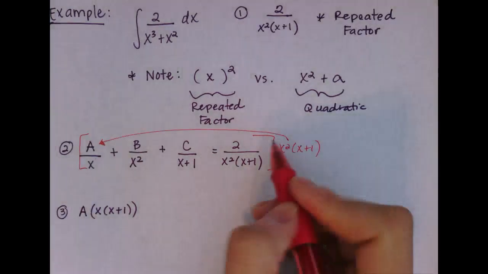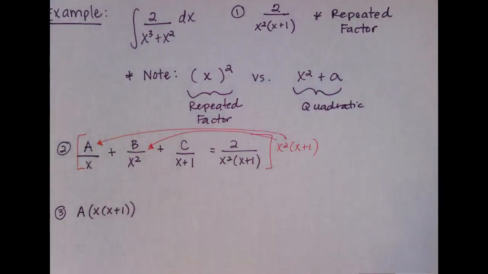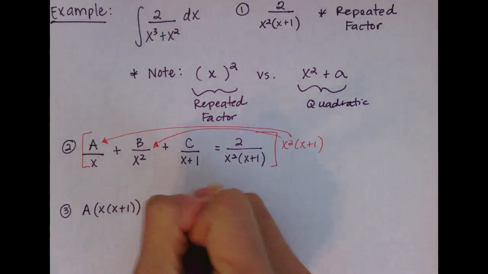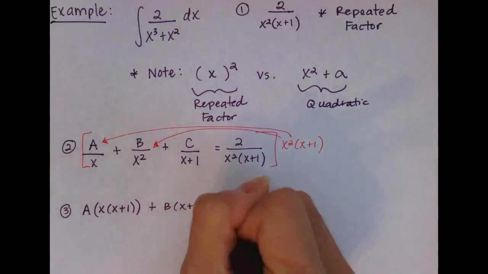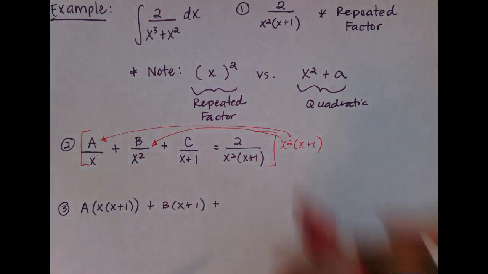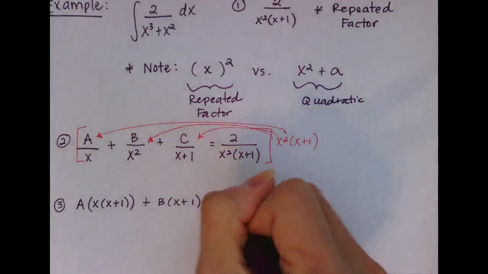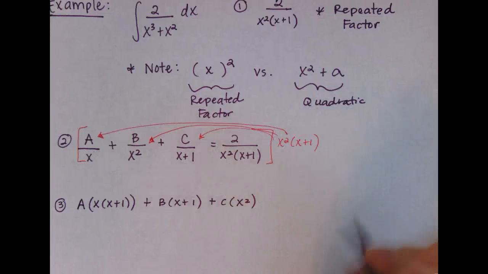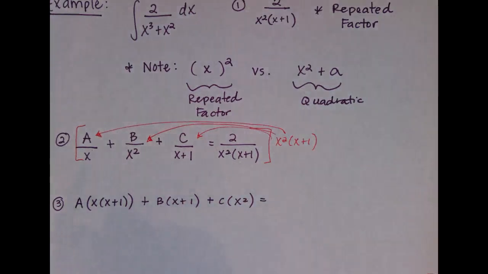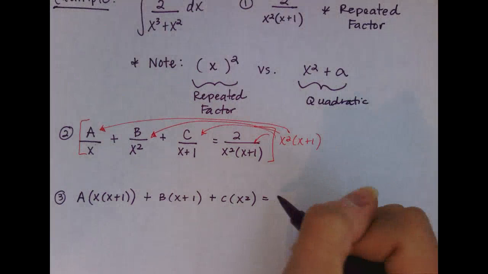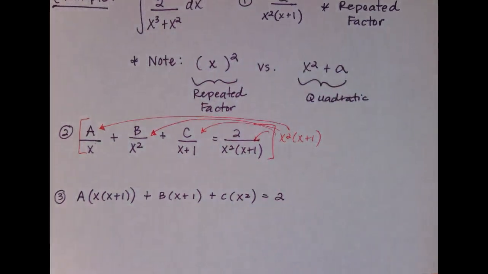And if I look at the second multiplication, both x squareds are going to cancel, so I'll have b times x plus 1. In the third, the x plus 1 is going to cancel, so I'll have c times x squared. And then if I look at the last multiplication, the entire denominator is going to cancel, giving me a 2.